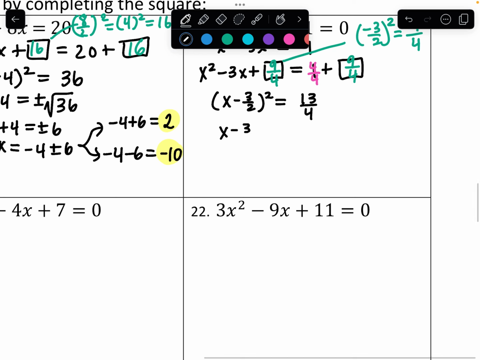Okay, and so for the square root property, x - 3/2 = ±√(13/4), which if we break them up, is √13 over √4, and √4 is 2.